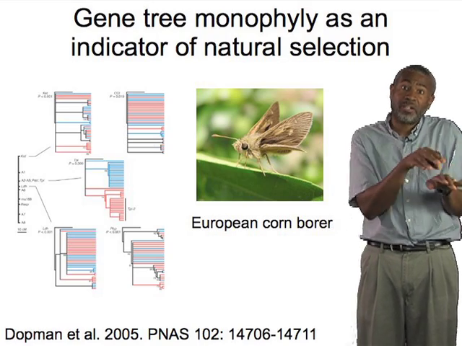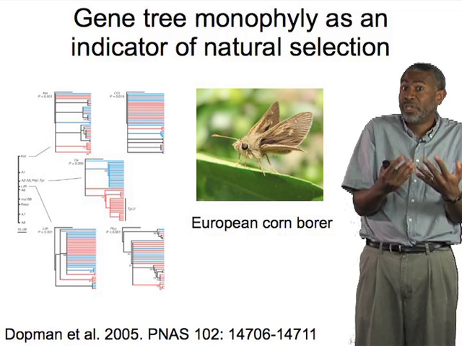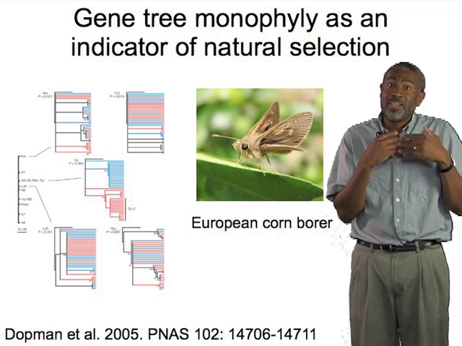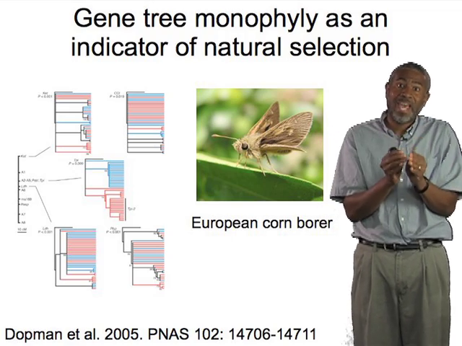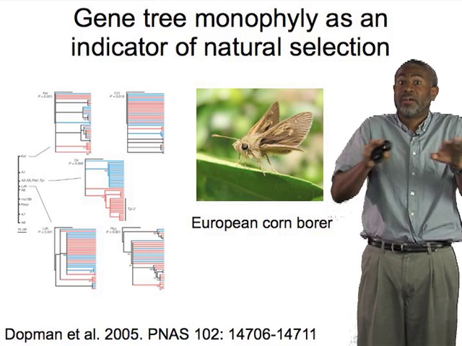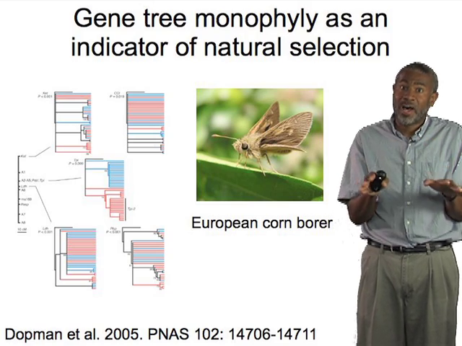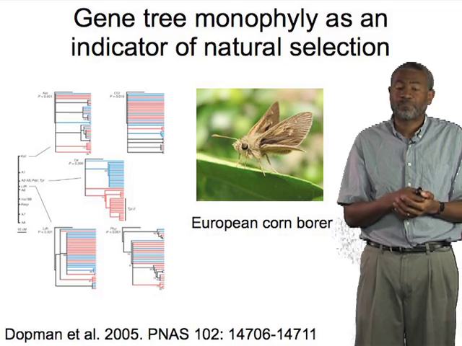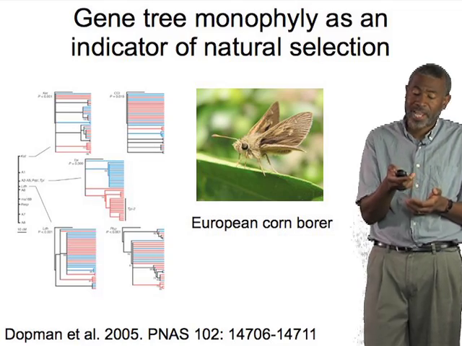Whereas most loci show a mixed up pattern, perhaps due to incomplete lineage sorting, the alleles in that panel in the center are showing increased reciprocal monophyly, increased fixation. So again, a signature of natural selection.